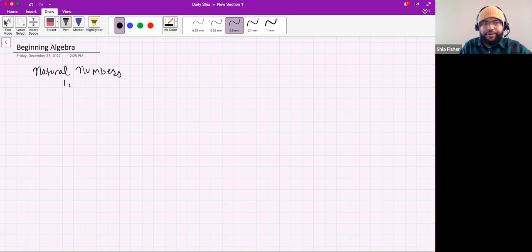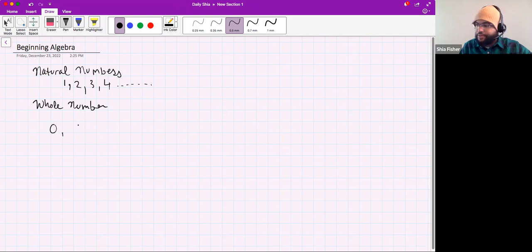It's numbers like 1, 2, 3, 4, dot, dot, dot, and so on into the sunset. Looks a lot like a whole number, but the difference is that a whole number's got 0, 1, 2, 3, 4, dot, dot, dot, and so off again into the sunset.